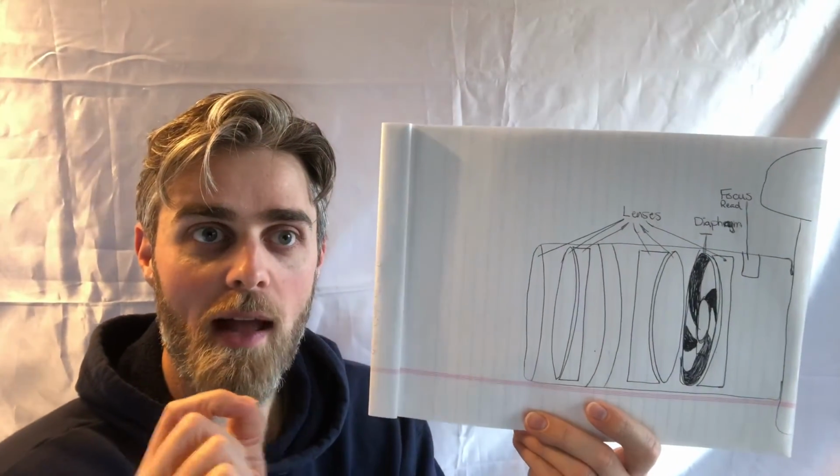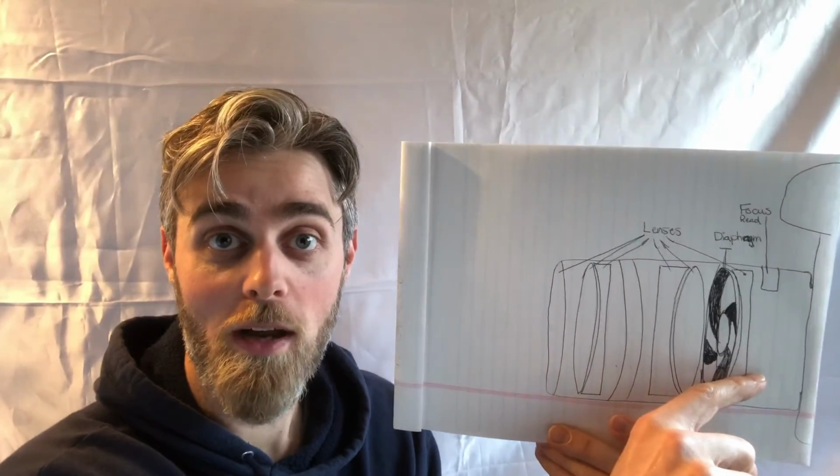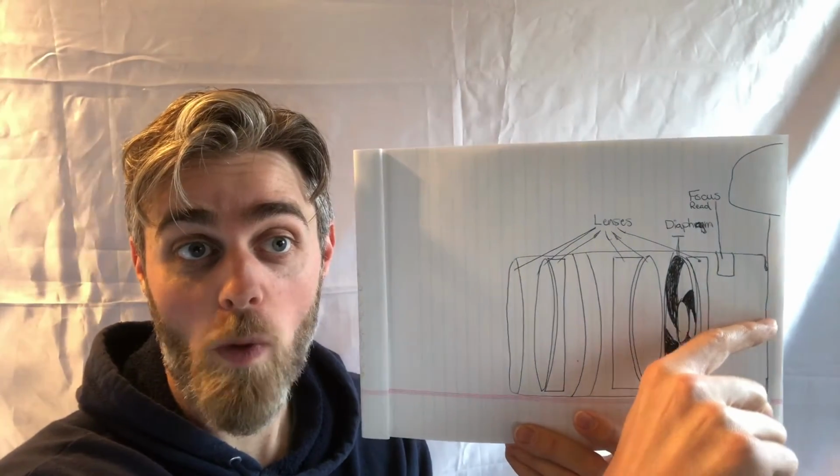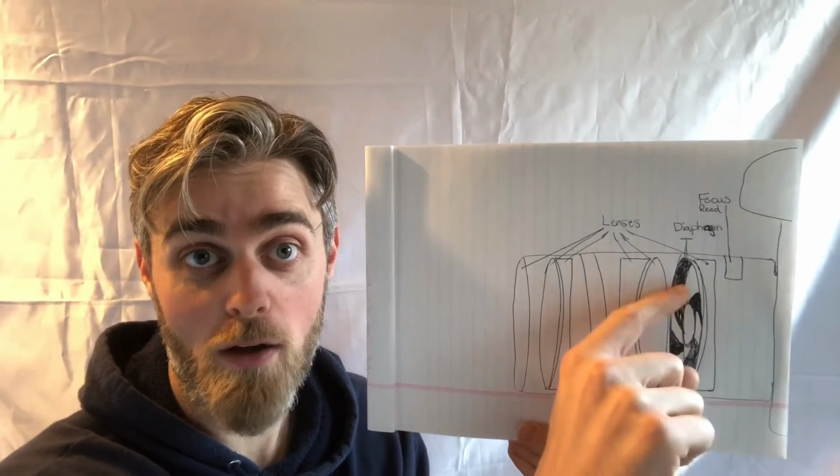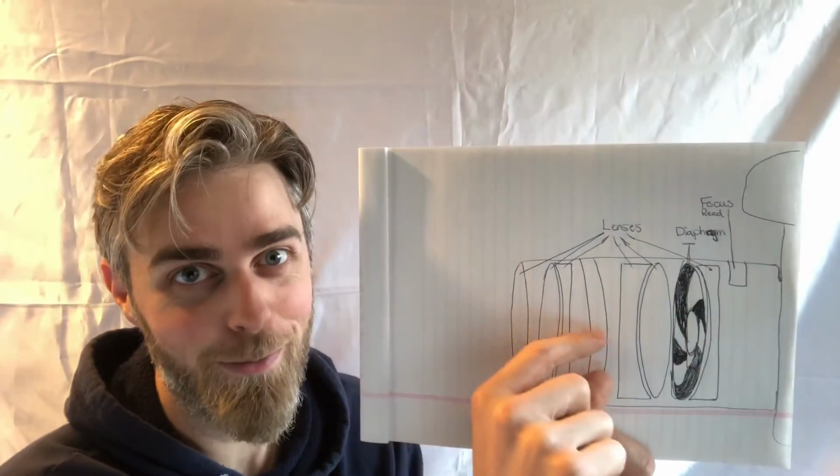That aberration of color and focus, depending on where it hits your camera sensor, is because of the narrowing of your diaphragm and the correction from all your lenses.